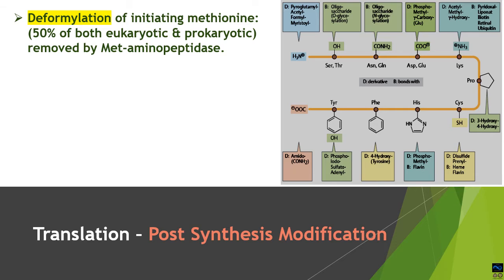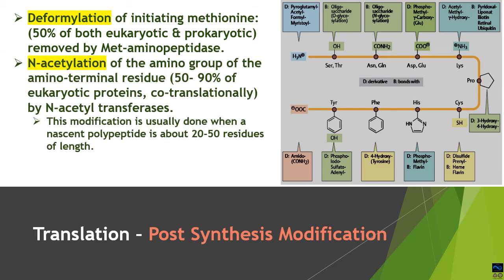Deformylation happens for the initiating methionine, and it has been found that almost 50% of eukaryotic and prokaryotic proteins do not contain the initiating methionine in the functional form. So it is removed by methionine aminopeptidase. This is the first modification which can happen in almost 50% of the proteins which are synthesized.